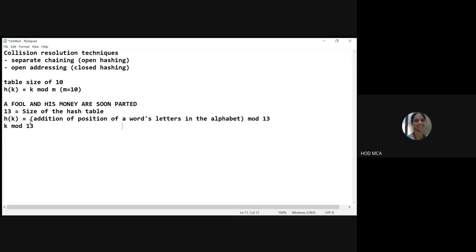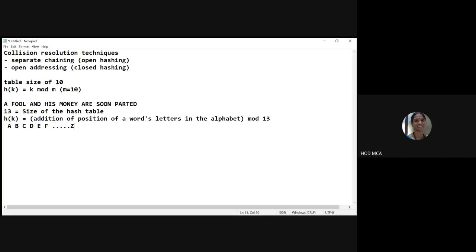So what we are taking is the addition of the position of a word's letters in the alphabet. Now when I take up the letters, let us say A, B, C, D, E, F, and so on.